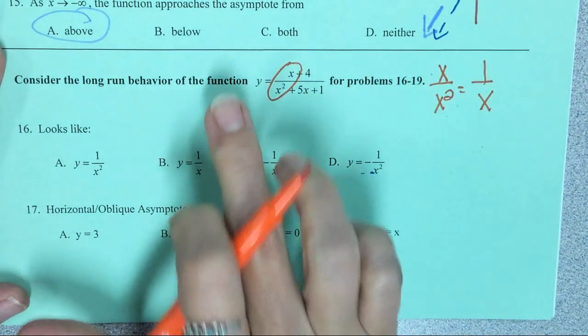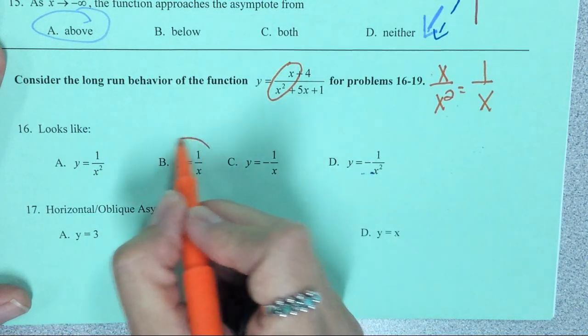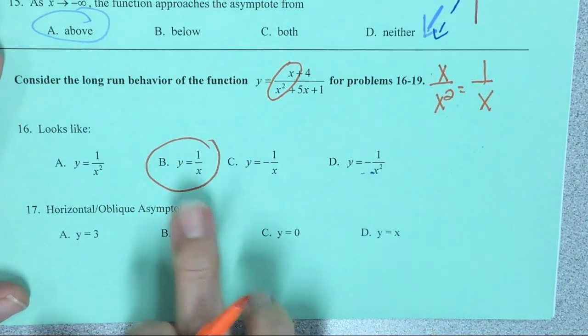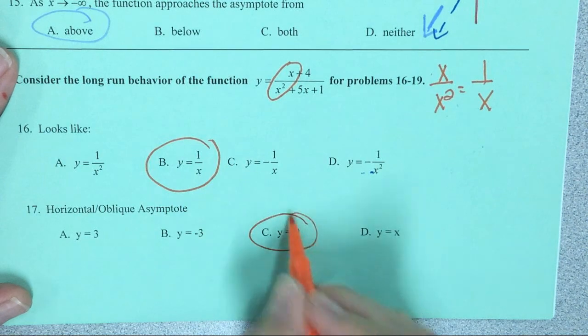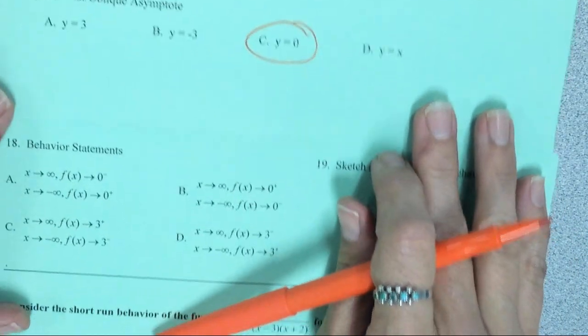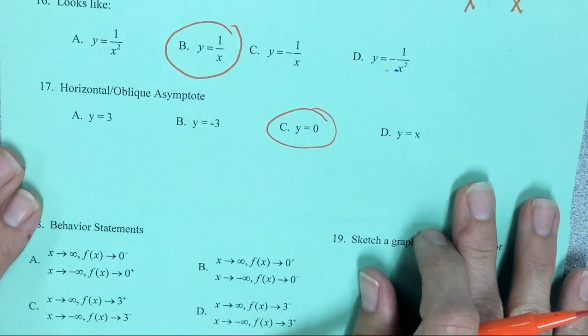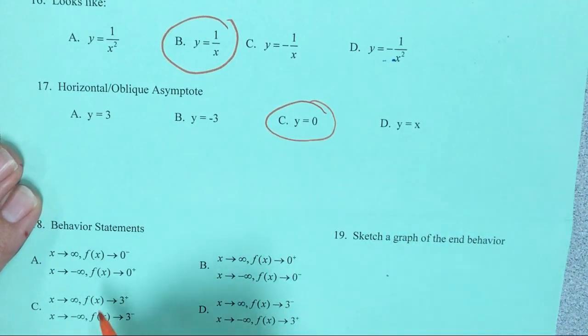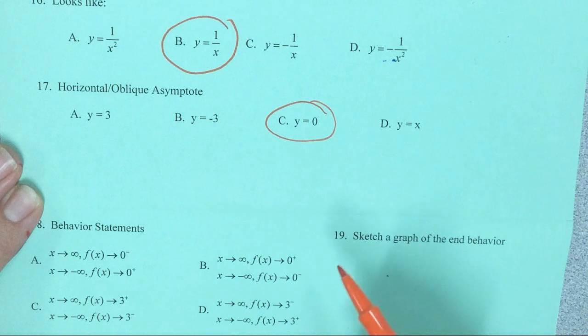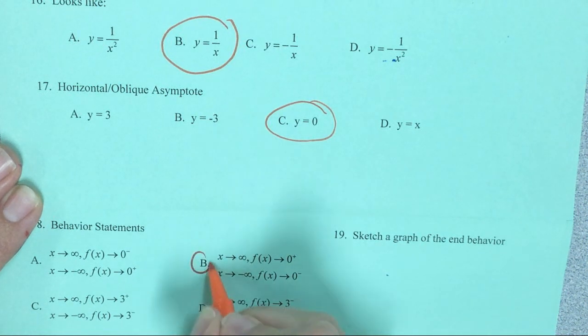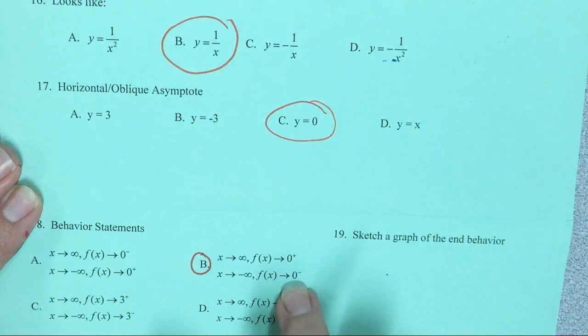So the long run behavior of this function is going to look like a 1 over x. 1 over x's have horizontal asymptotes at y equals 0. And the behavior statement for a 1 over x is as x approaches infinity, we're above on the right and below on the left. So I want to be above on the right and below on the left. And that's what statement B says.